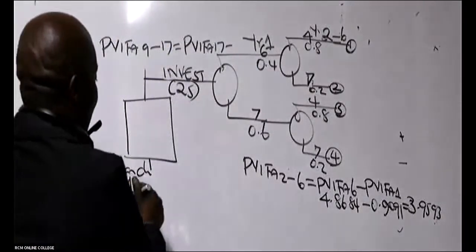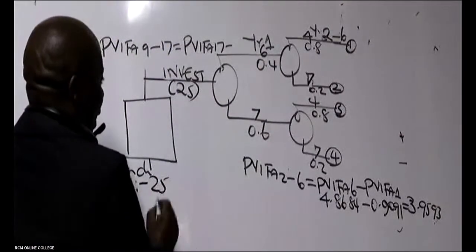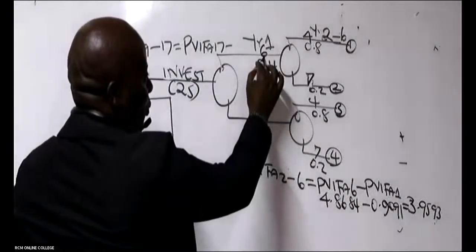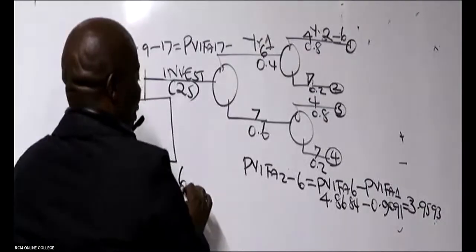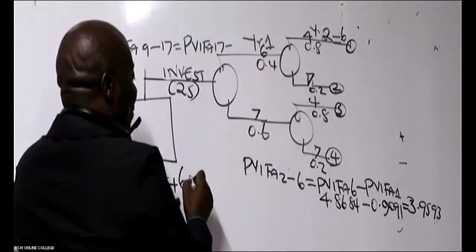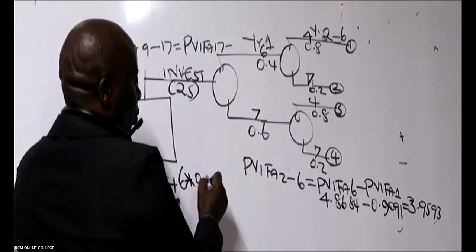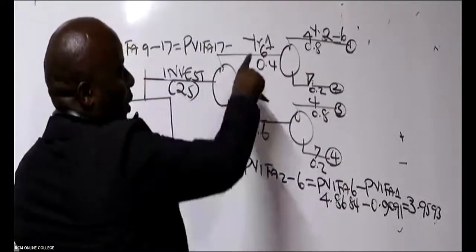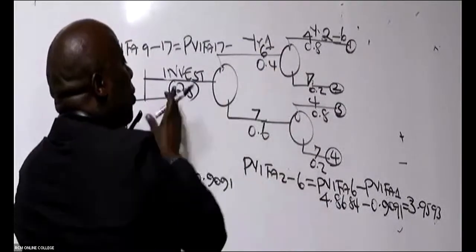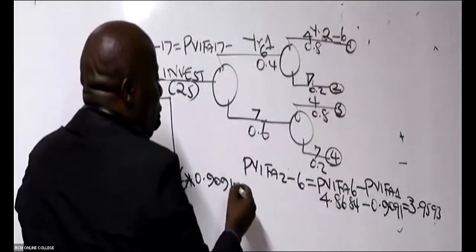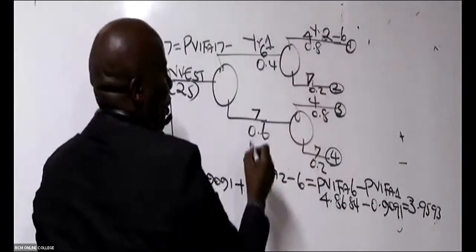So road number 1, I have the initial outlay 25 plus, here a cash inflow of 6, but it's coming at the end of year 1. So I must multiply this with the PV factor, which was 0.9091. Then I continue as a Subaru driver on road 1, where I have this 4.